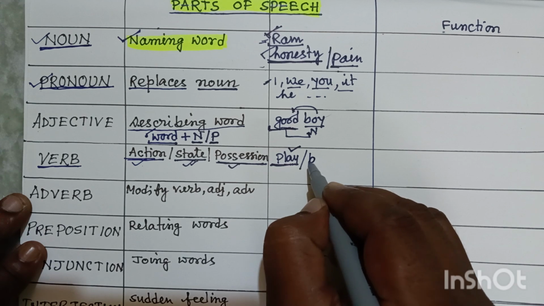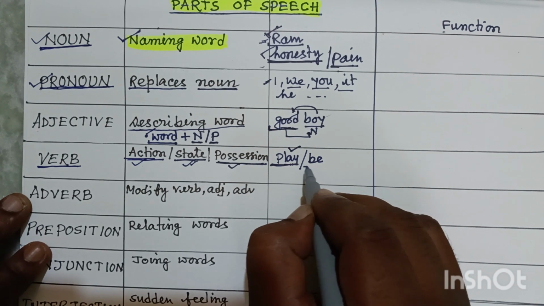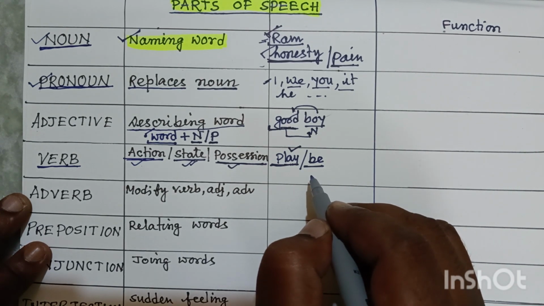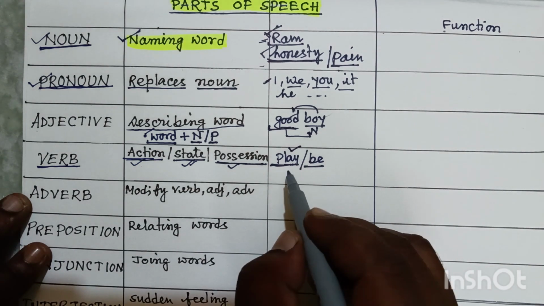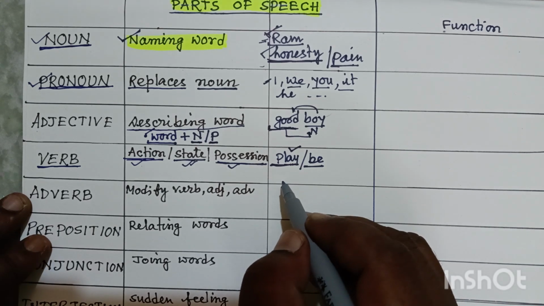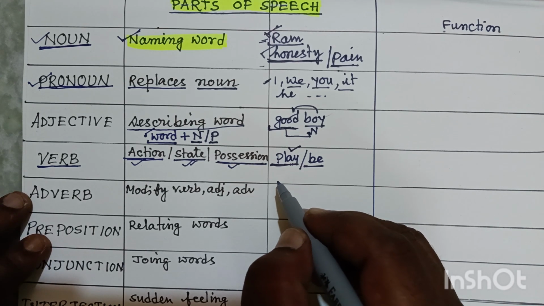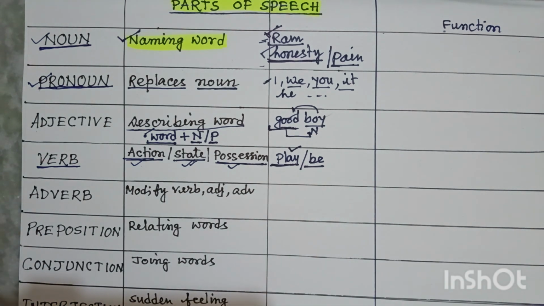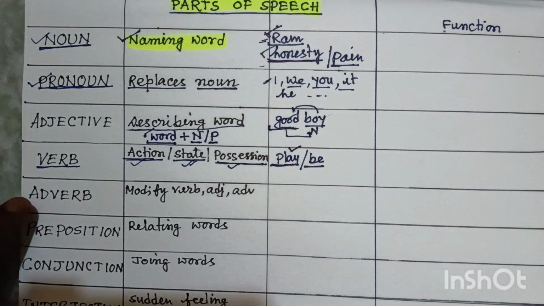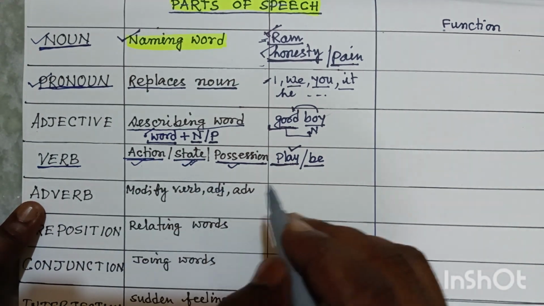Normally, the be verbs are used in sentences to show the state, or some other verbs are there. You know, the verbs of perception. That means the words which show different types of feeling. That is also a state.